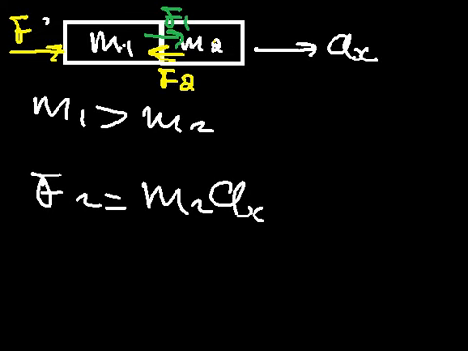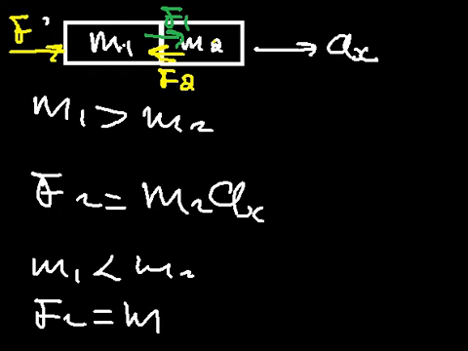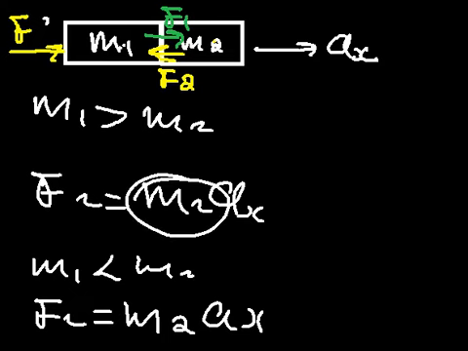Where m1 is less than m2, the contact force F2 is again m2 times acceleration. So since m2 is less than m1 in the first case, we have less contact force compared to the other case.